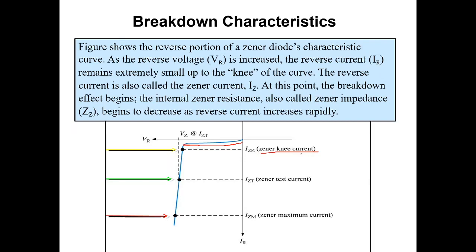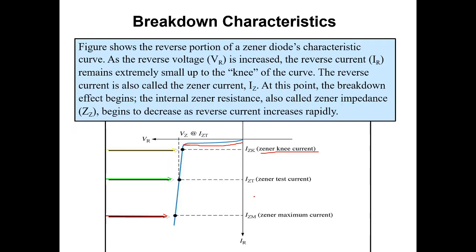Whenever the current starts increasing, that is the Zener knee current. After that it increases drastically. When it reaches the midpoint, we call it the Zener test current. And once it has reached the maximum peak, there are no more electrons to generate current in the Zener diode; that is called the maximum current.